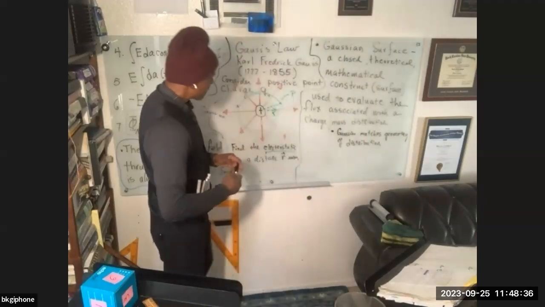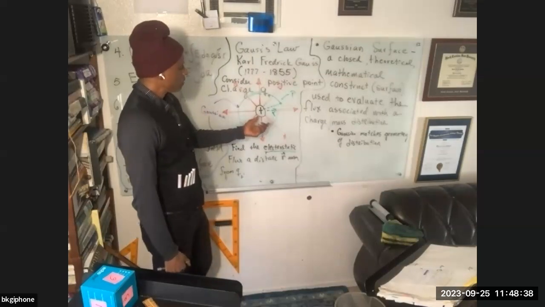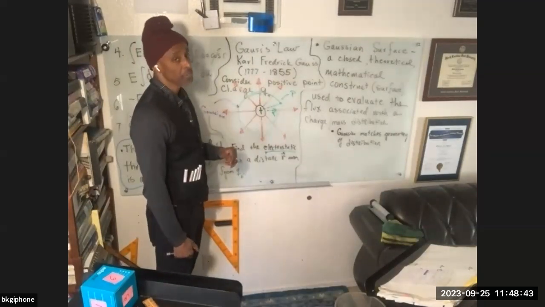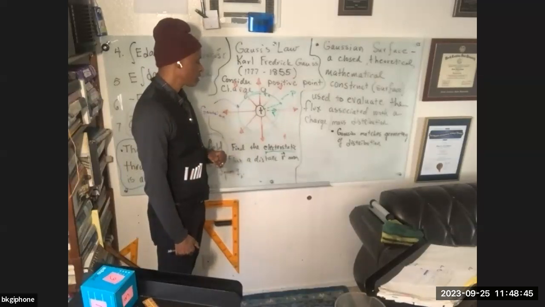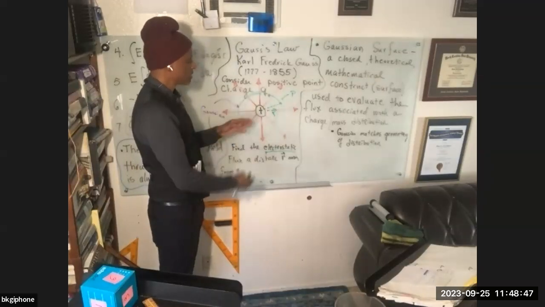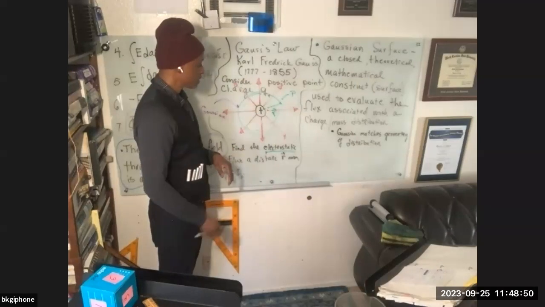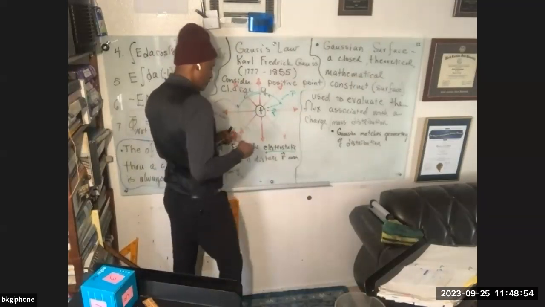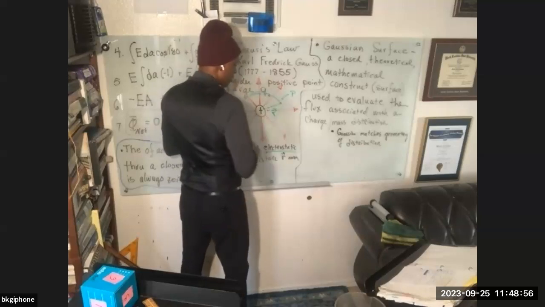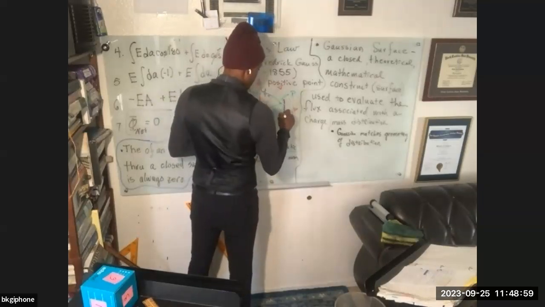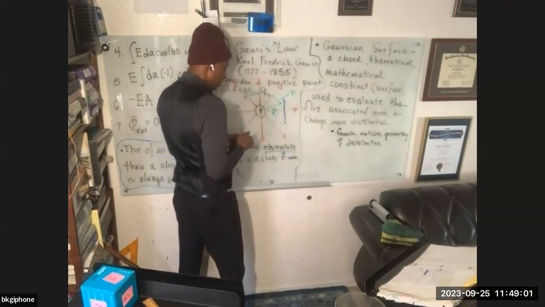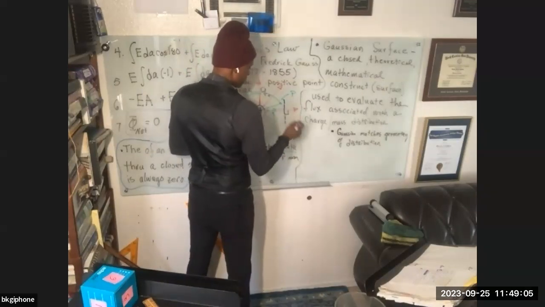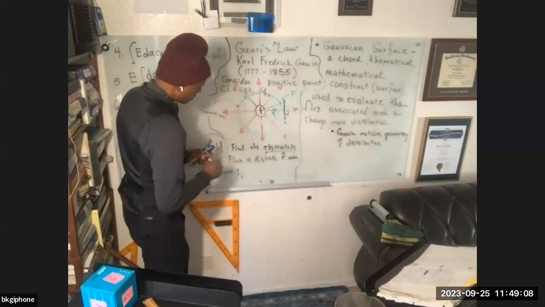Here, my charge is spherical, my Gaussian is spherical, and the charge is at the center. What that means is that everywhere the electric field cuts the surface, it cuts at a 90-degree angle to the tangent of the surface at that point.